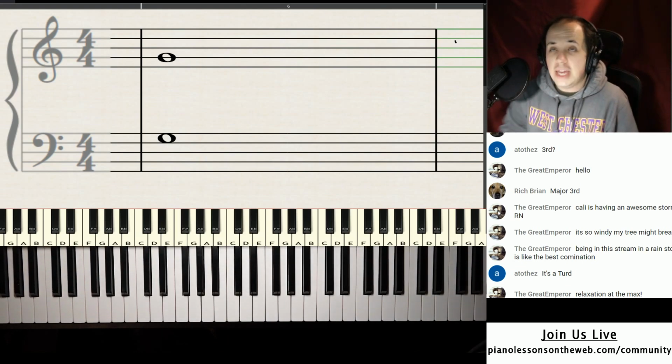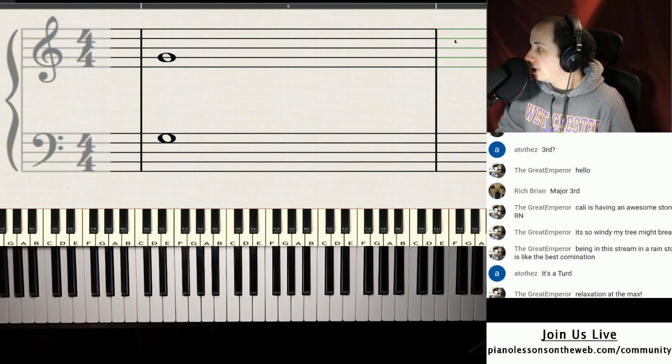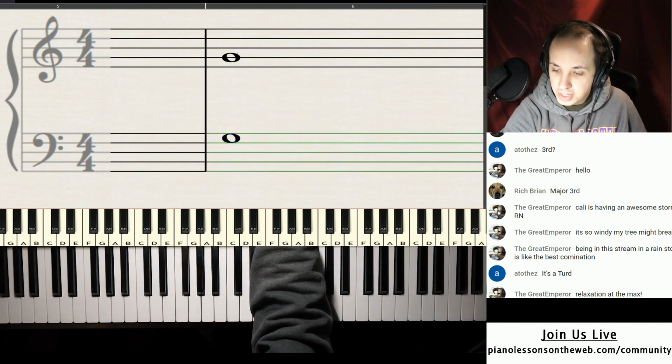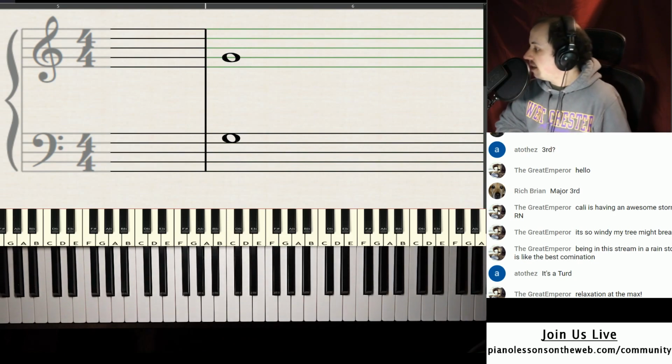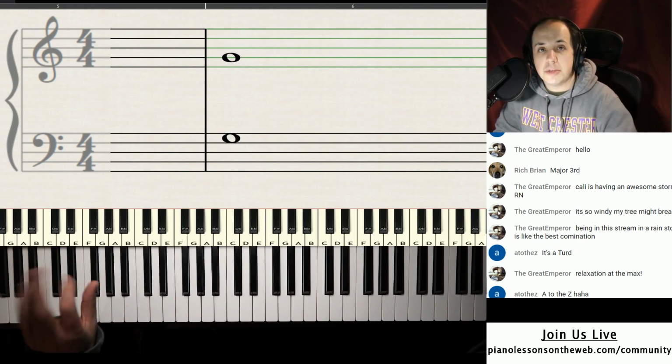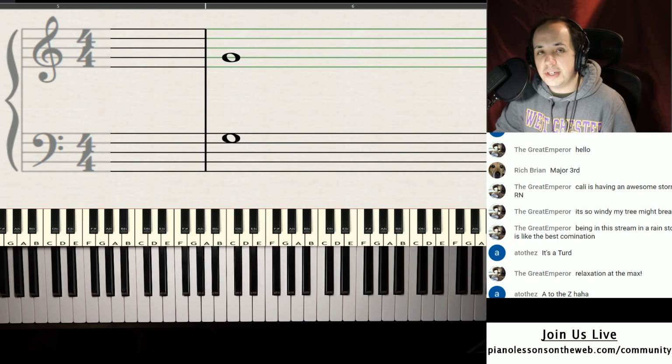Now I've done it again. It's between two clefs. So if you take a look here at the bottom, and then you have the top, we have a space on the bottom and a line on the top. So therefore, they must be even number intervals.